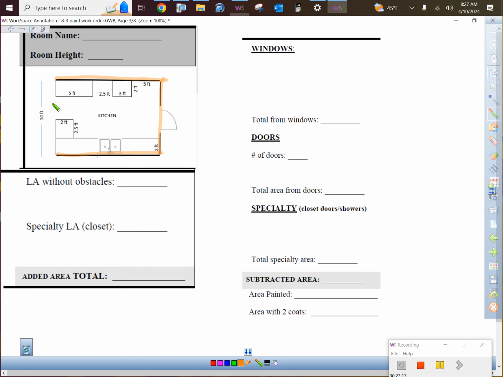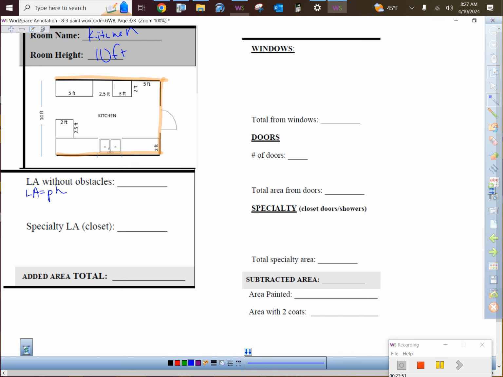So what we'll do, sorry I forgot to title my room. My room is the kitchen up here. Didn't do that on the last one. And the room height is 10 feet. You account for the imaginary wall in your lateral area formula. You are only finding the perimeter of what you are painting. So I'm not going to include this fourth part of the room, even though it's rectangular.